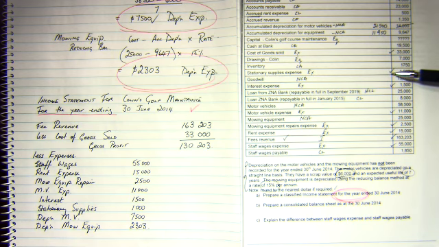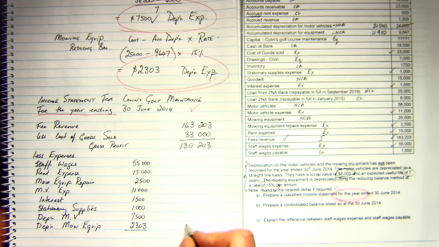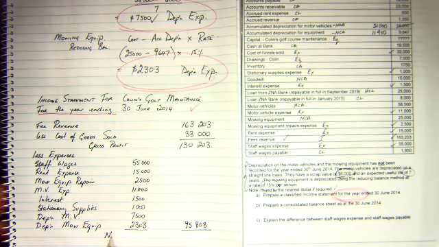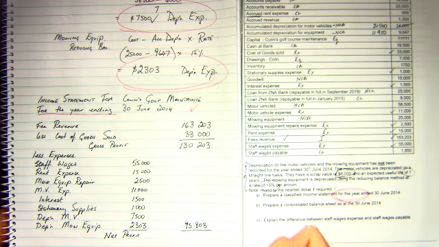Tick, tick, tick, tick, tick. All right, looks like we've got them all. Who's fast with a calculator? 95,803. That is fast with a calculator. So that gives me a net profit of 34,400.